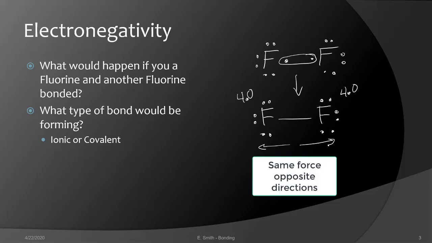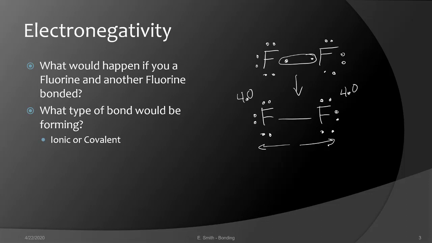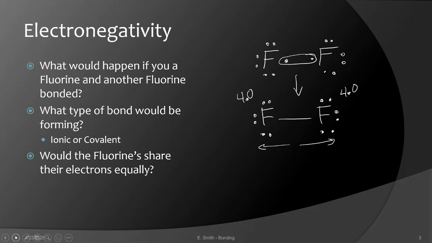They are literally having a tug-of-war battle, and no one is winning. Okay, everyone got that? No one is winning. So what does this mean? Well, the question is, are they sharing their electrons equally? And the answer is yes, they are sharing their electrons equally, because their electronegativities are identical.